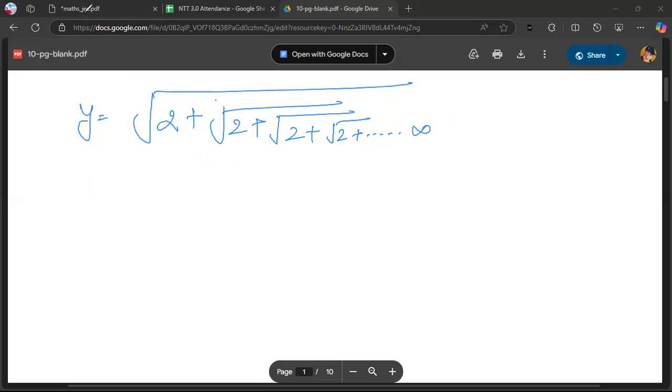So on squaring both sides, what will happen? Y square, and the square root will go on, plus 2 square root of 2 plus, no, let me write it in this manner.